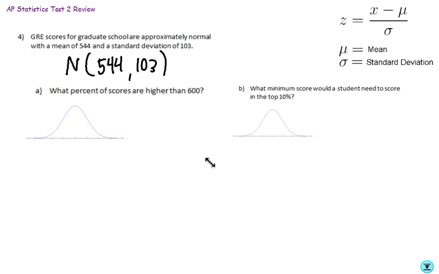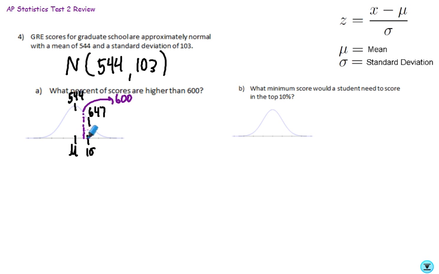Here's our average, 544, and one standard deviation out, if we add 103 to that, we're at 647. Here's 600 in between, and we're asking what percentage this represents.